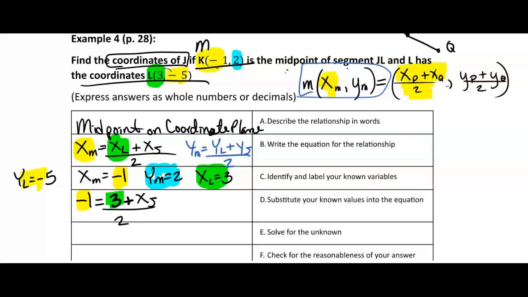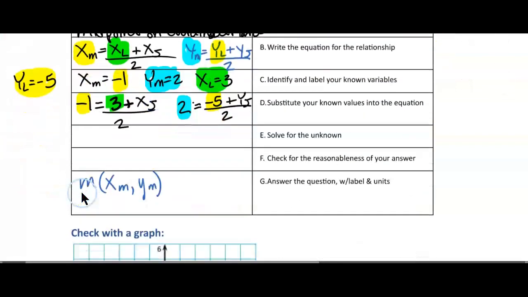And I know that y sub M is 2, and y sub L I know is -5. And y sub J I don't know, divided by 2. And now I have two equations that I need to solve.